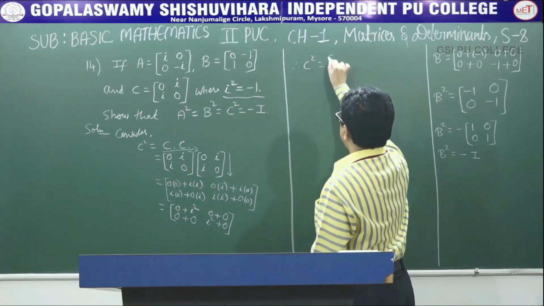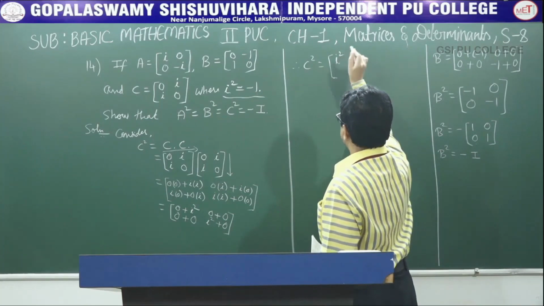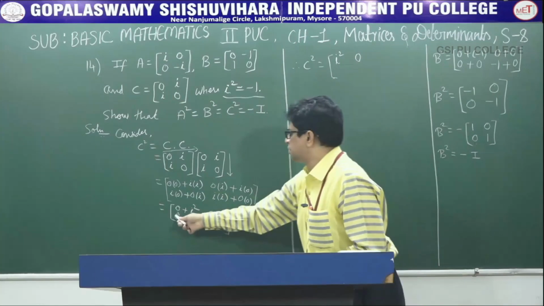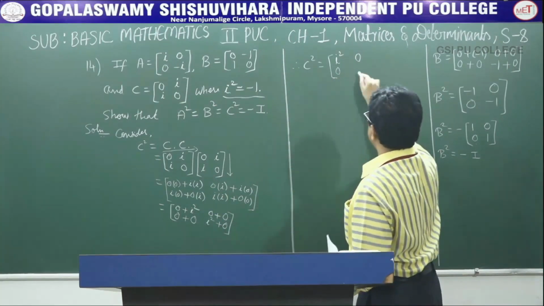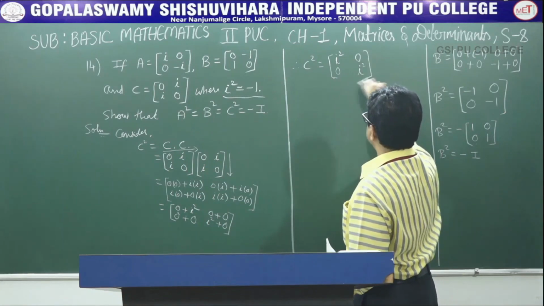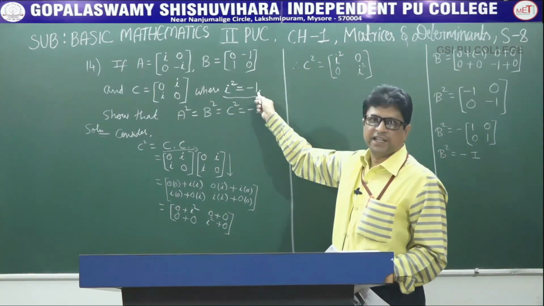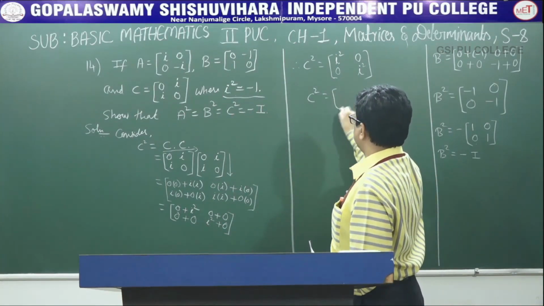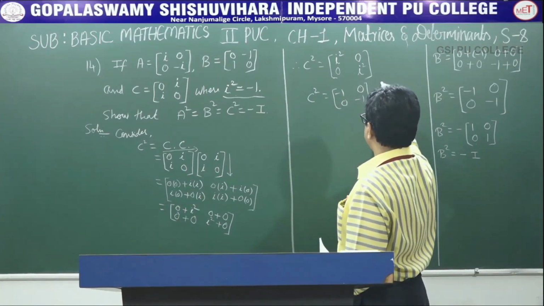Therefore, C square will be equal to, so 0 plus i square, 0 plus 0, 0, 0 plus 0, 0, i square plus 0, i square. So, we know that i square is equal to minus 1. C square is equal to minus 1, 0, 0, minus 1.